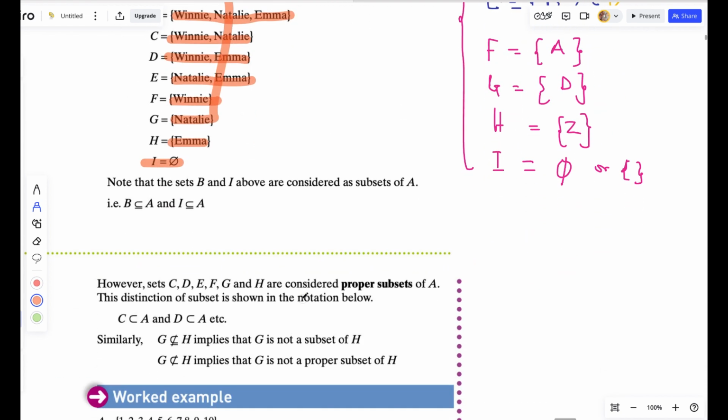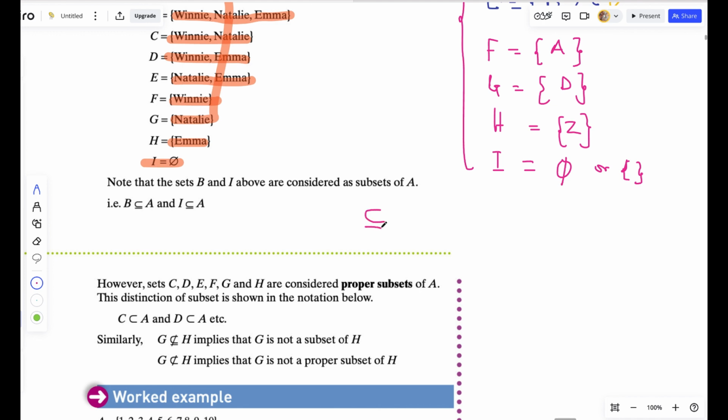Now how do we write the symbol of a subset? Subsets are written in this format. We write something like the letter C and we put something below it.